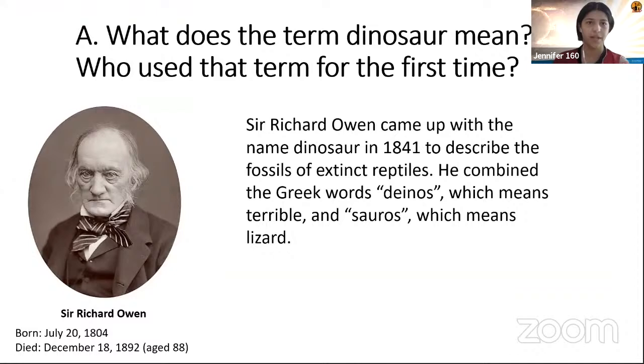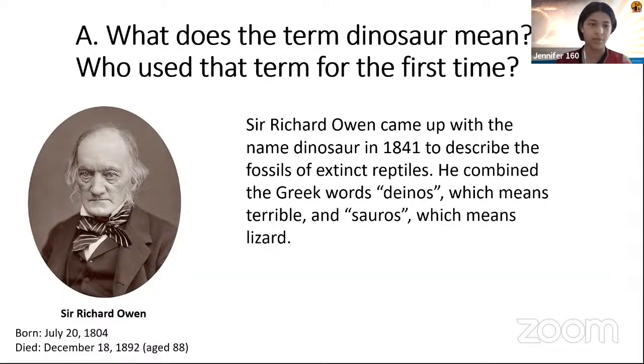So what does the term dinosaur mean? And who used that for the first time? Well, the word dinosaur is a Latinized combination of the Greek roots deinos, which means terrible, and sauros, which means lizard. Together, of course, the word means terrible lizard.